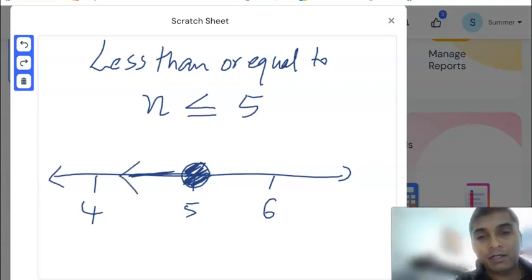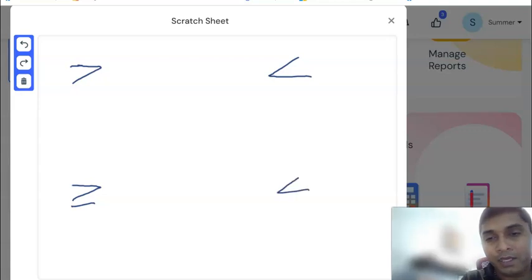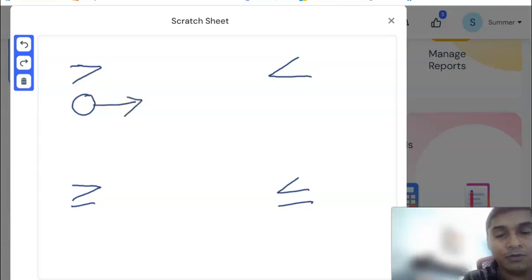Okay, so there are 4 things: greater than, less than, greater than or equal to, less than or equal to. Here the graph would be an open circle, going to the right. Here also an open circle, the graph will go to the left.